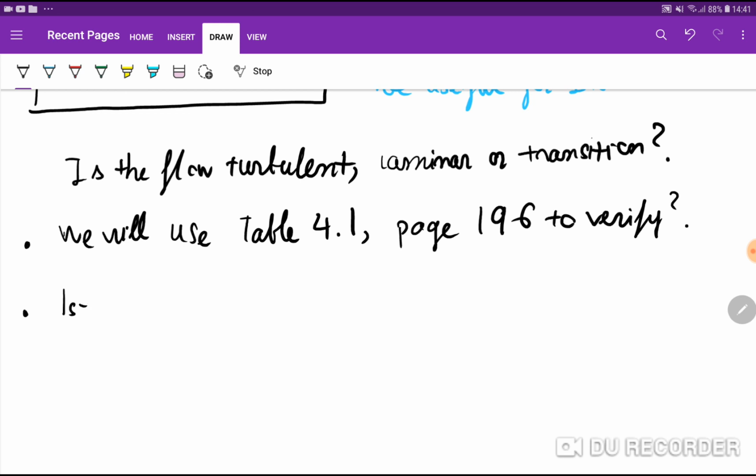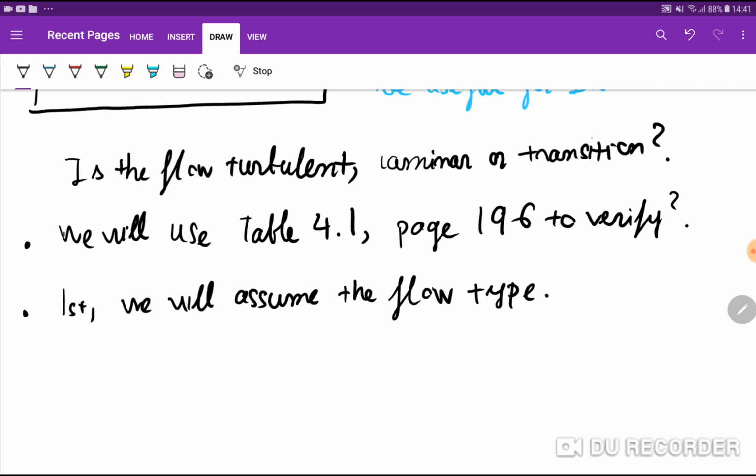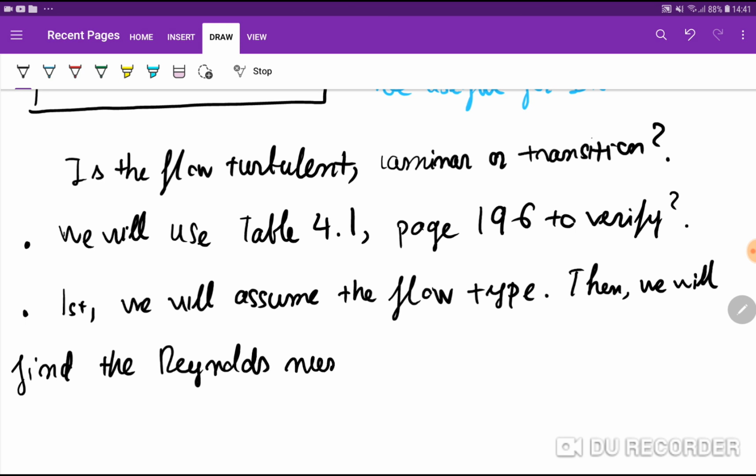First, we will assume the flow type. Okay, then we will find the Reynolds number.